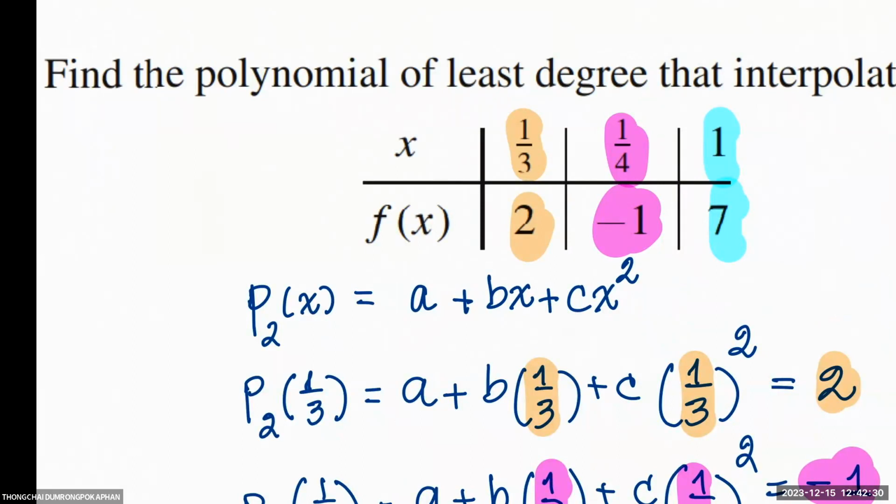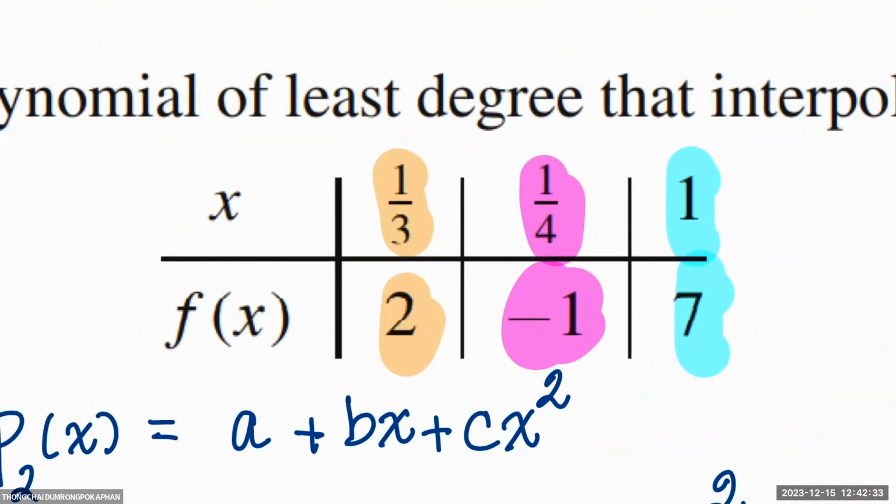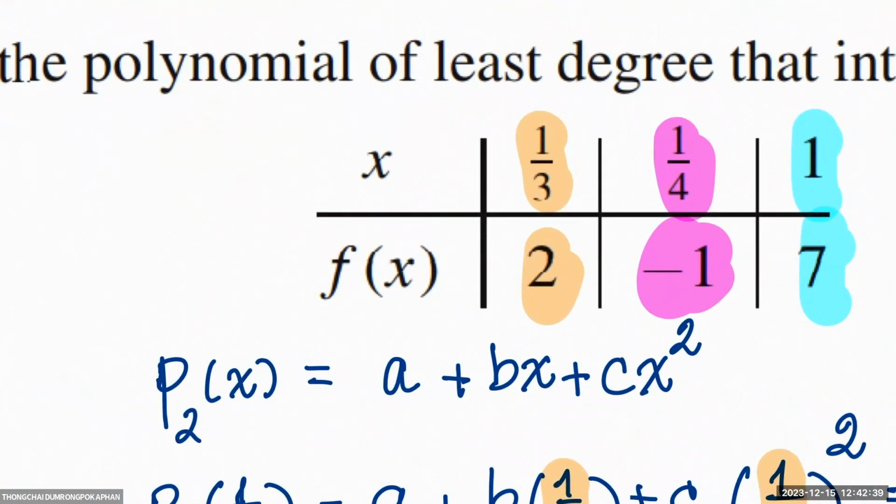Suppose you have three values here. I will write that this is fit with polynomial degree 2, which is a plus bx plus cx squared.